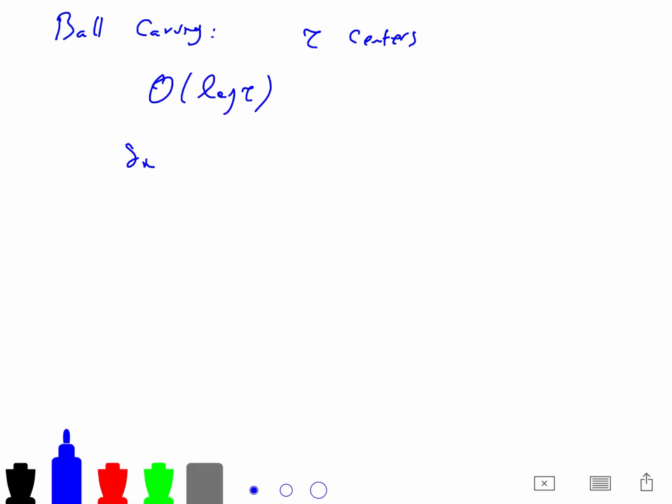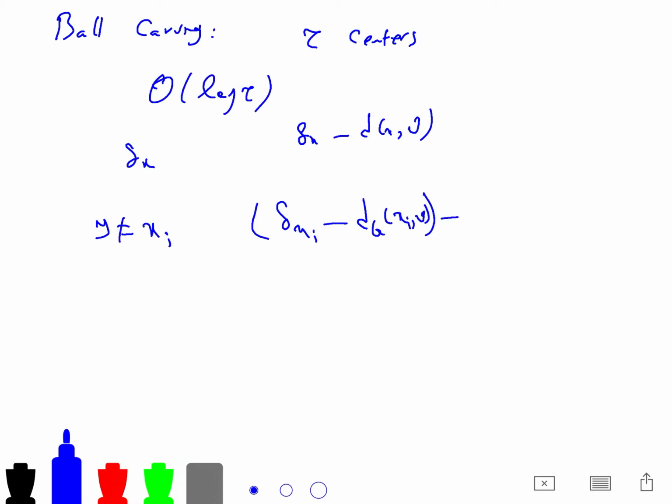So each center samples a starting time delta_x. Vertex v joins the cluster of center x_i maximizing delta_x minus d_G(x, v). This approach is guaranteed to create strong diameter clusters. The key observation is that for every center y which is not x_i, delta_{x_i} minus d_G(x_i, v) minus (delta_y minus d_G(y, v)) is greater than 2 gamma delta.